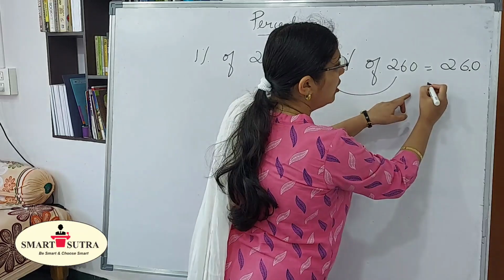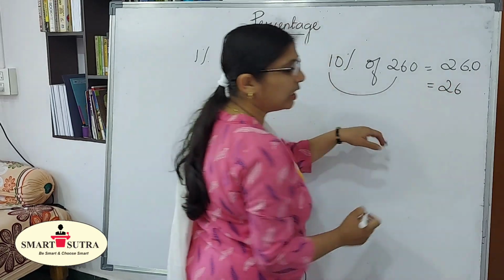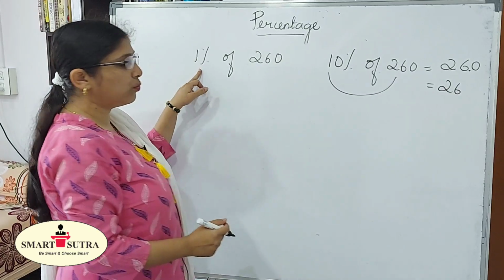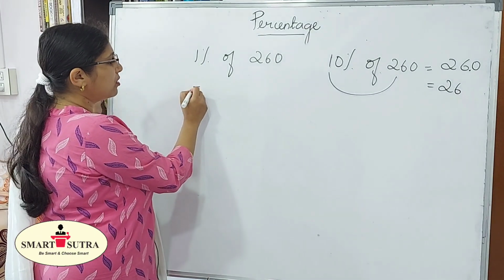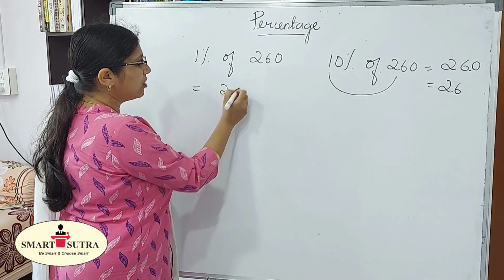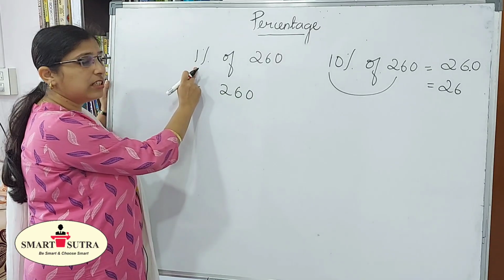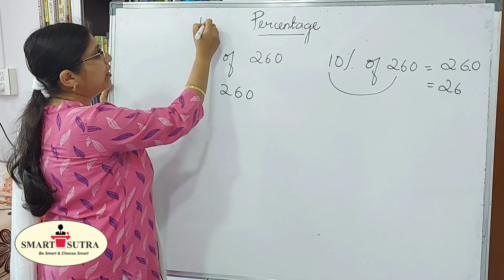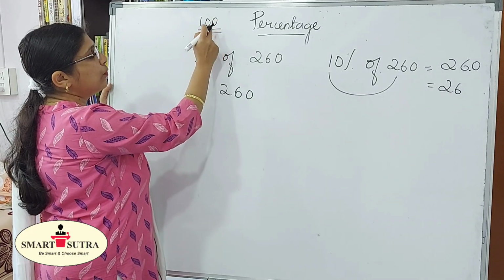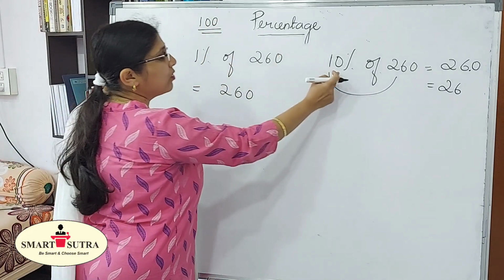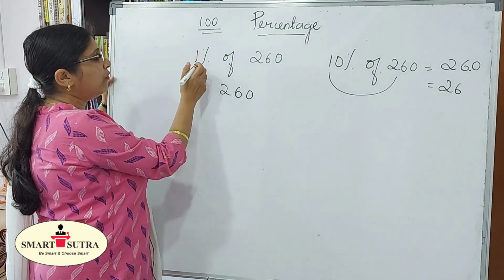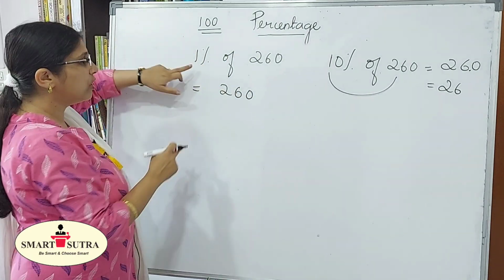So the answer will be 26 when it is 10%. But when it is 1%, 1 into 260 is 260, and since it is 1%, two zeros are missing here when we compare it with 100.